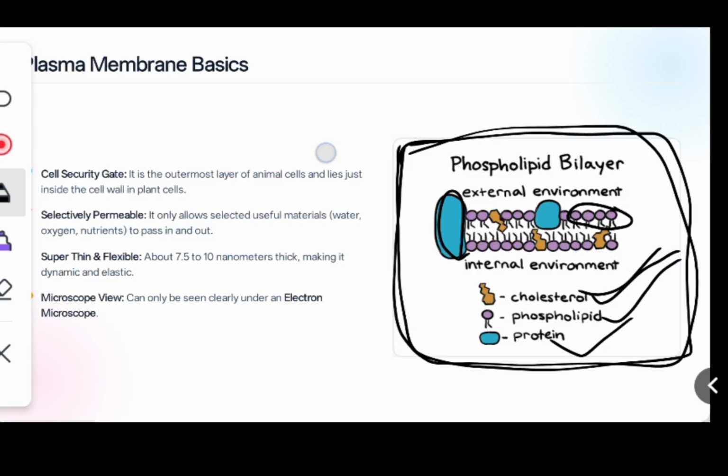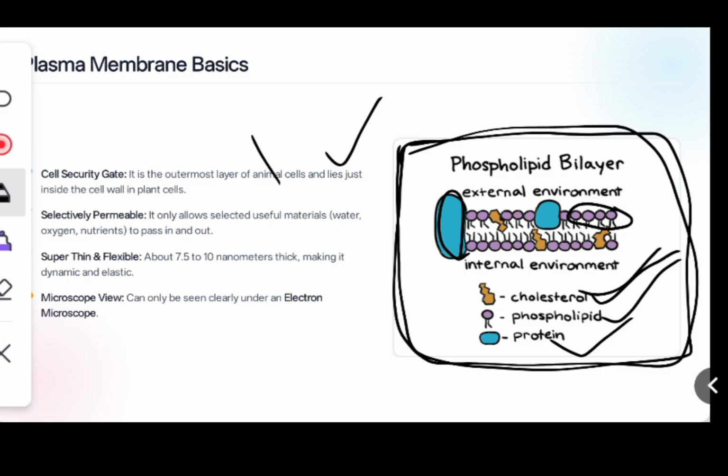This is the structure of the plasma membrane, and the first function of the plasma membrane is cell security gate. It is the outermost layer of the animal cell, but not the outermost layer of the plant cell, because plant cells already have a cell wall. So the cell wall is the outermost layer of the plant cell.